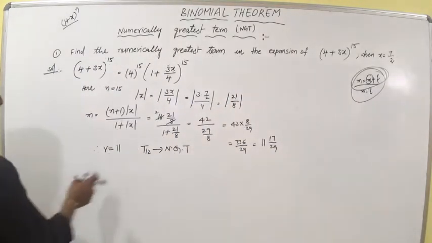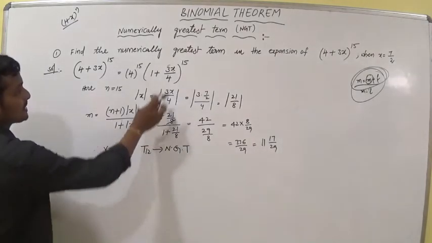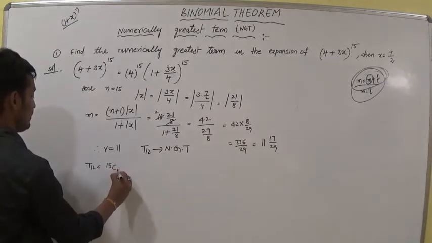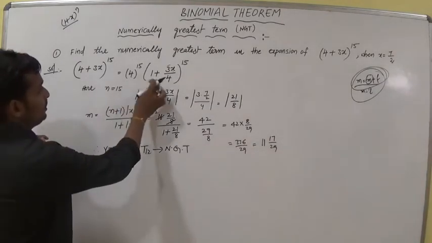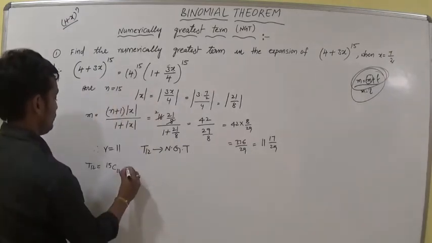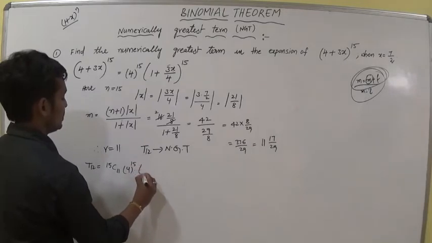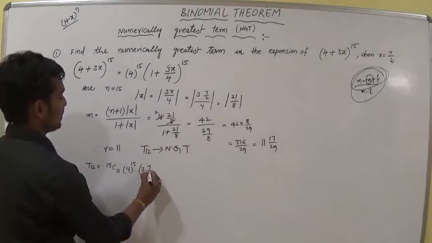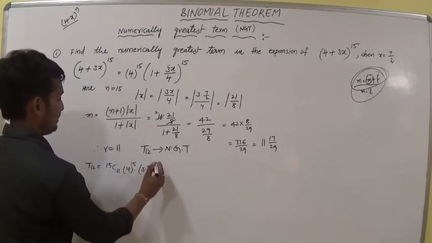So we are finding the value of t12. T12 is equal to nCr, 15 C 11, into 4 to the power of 15 minus 11, that is 4, into 3x whole to the power of r.